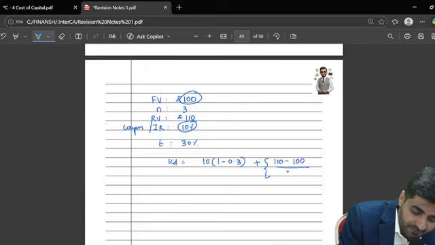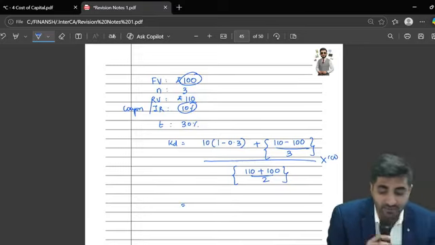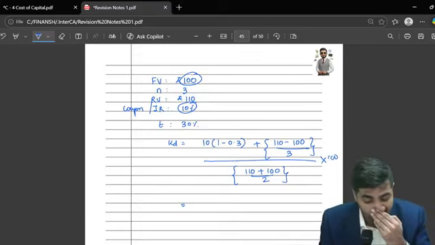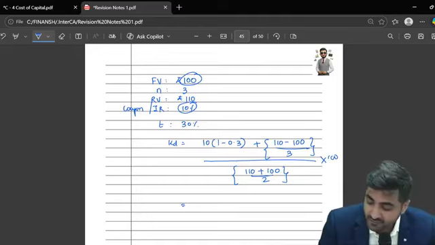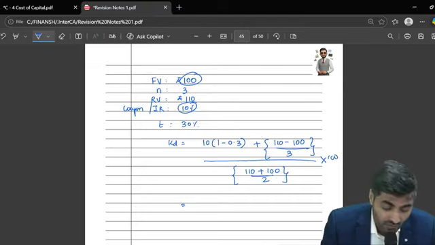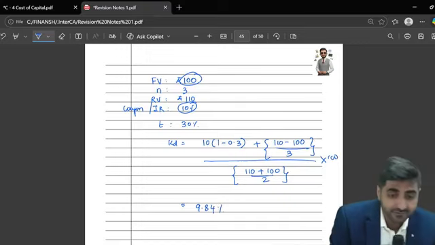What's the life, beta? 3 years. Okay, and this I will divide it with what? Can I say 110 plus 100 upon 2? Come on here. So based on this, can I calculate my KD? Okay, calculate. Give me the KD. What's the answer? Just check.